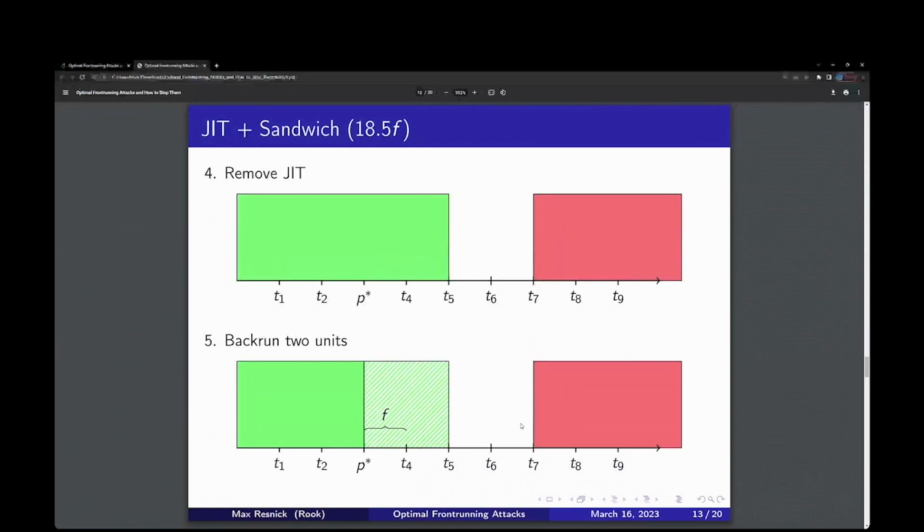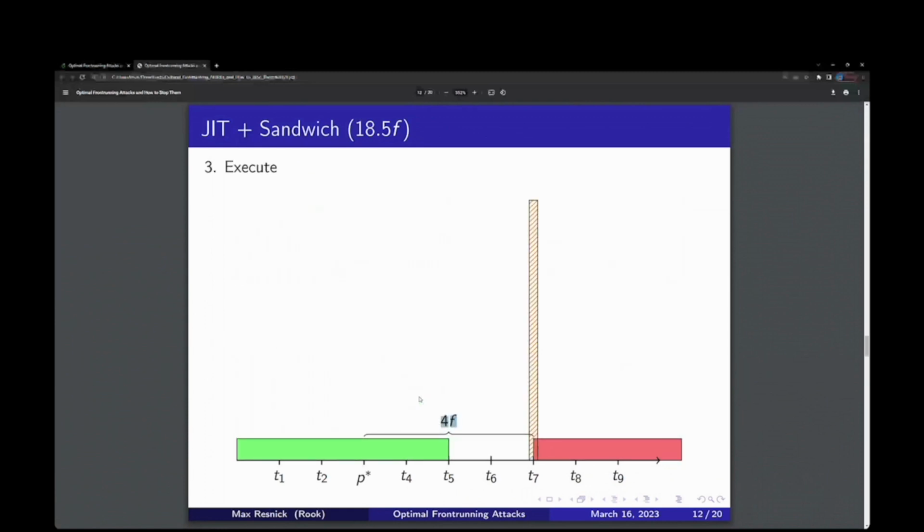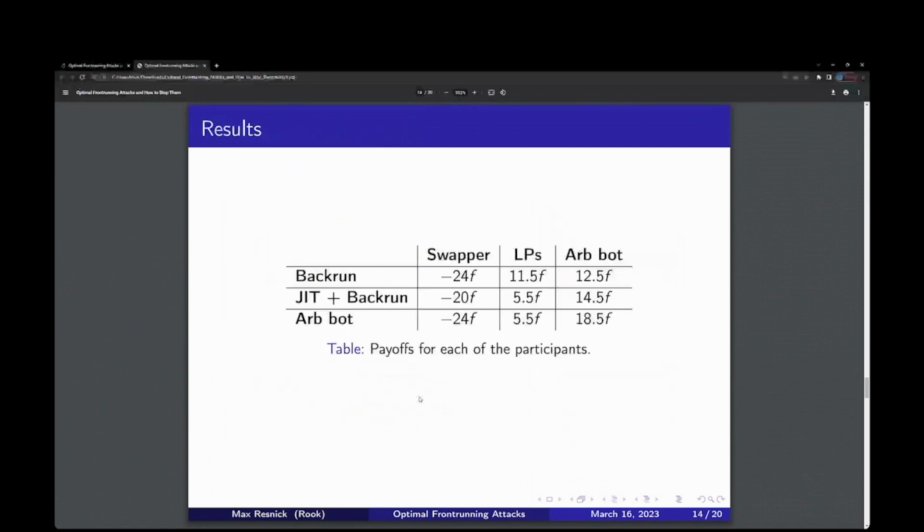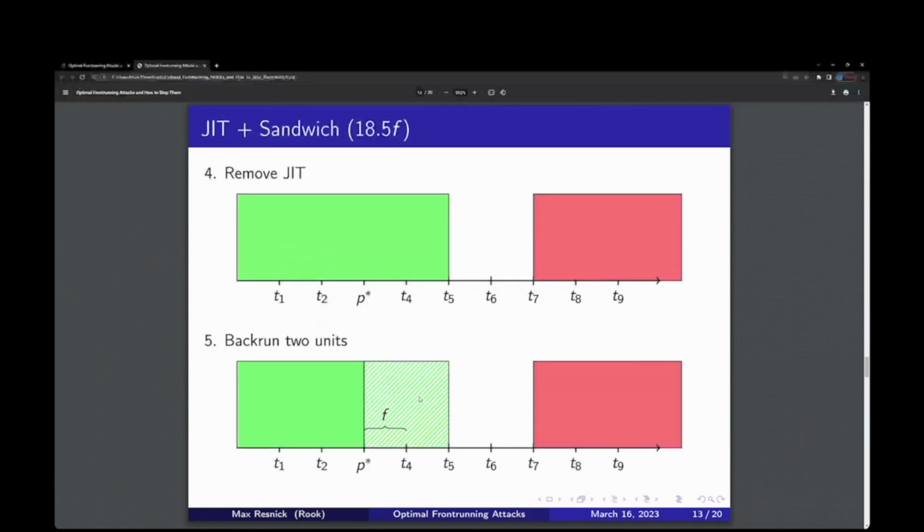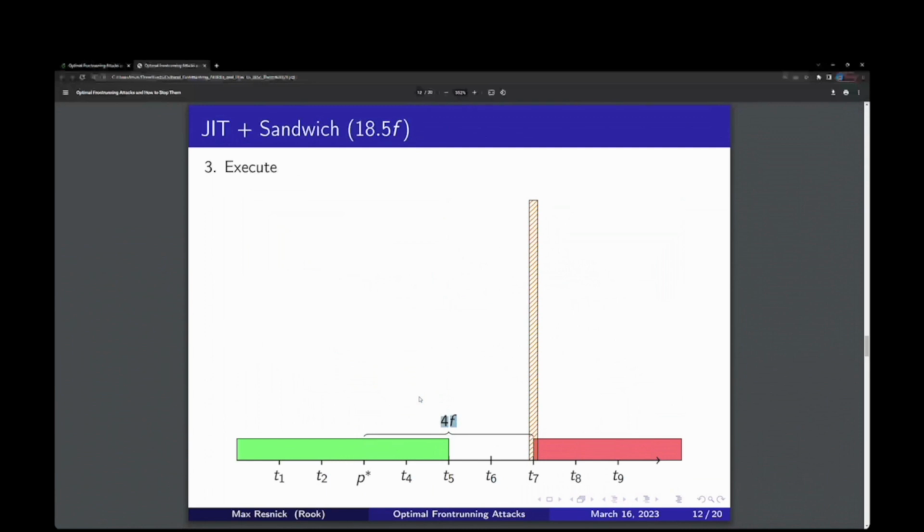So now we're going to remove the JIT and back run 2 units this time. Our back run is going to be an average gain of F, so that's 2 times F. And we got 4F times this.